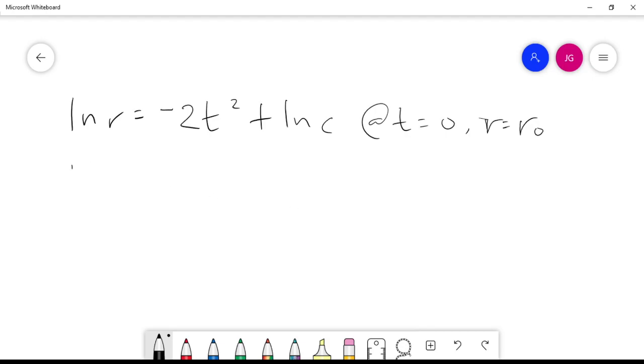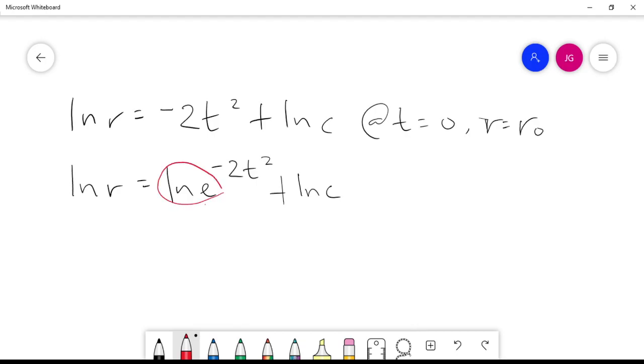So, ln r is equal to ln e, then raised to negative 2t squared, then plus ln c. Okay, take note, ln e is equivalent to 1.